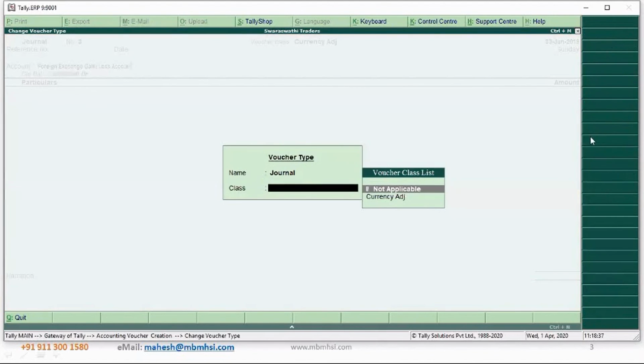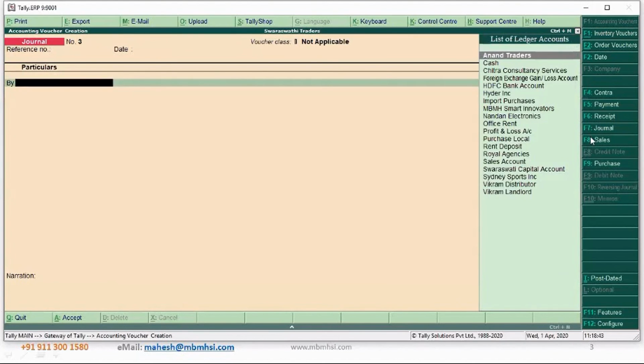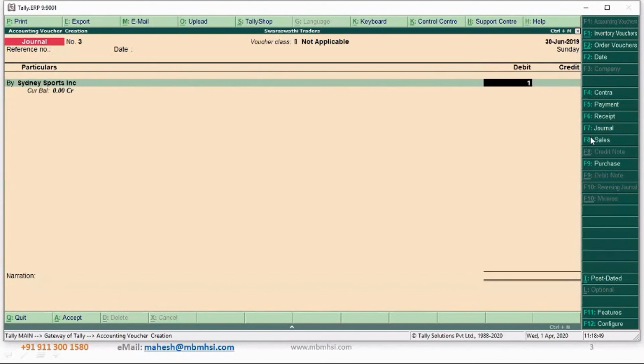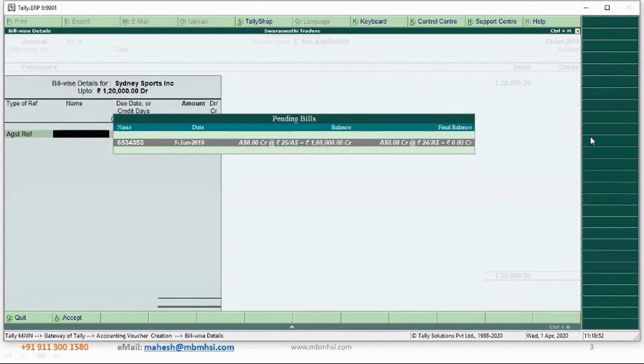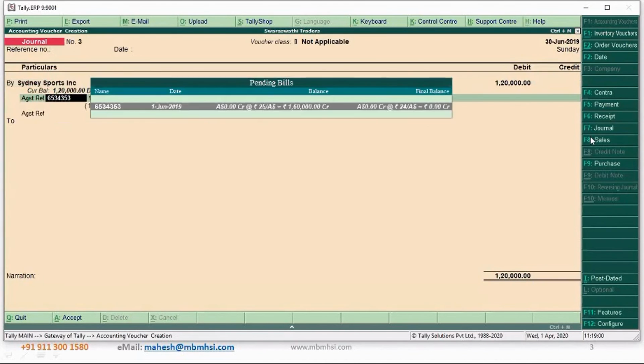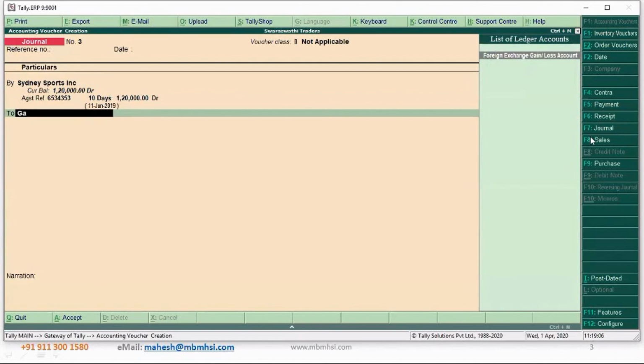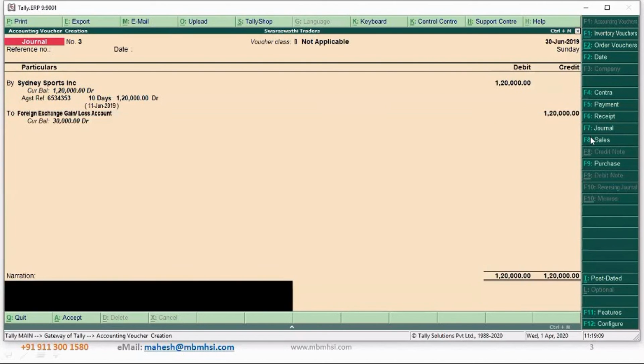I need to debit Sydney Sports Inc. 1,20,000 against this bill number, to gain or loss on foreign exchange, gain on import purchase accounted.